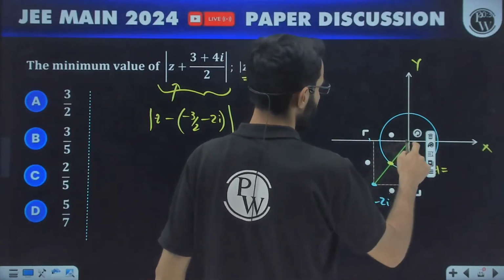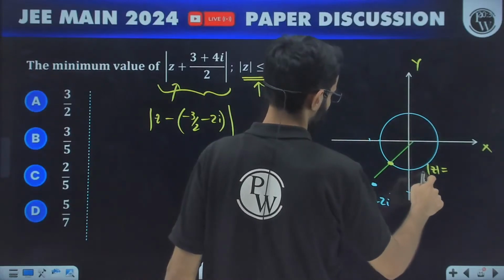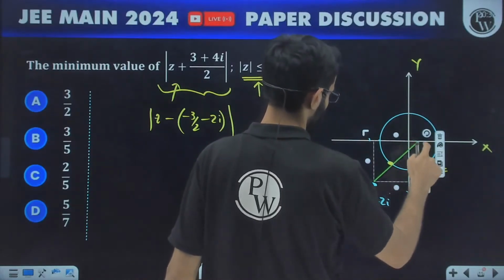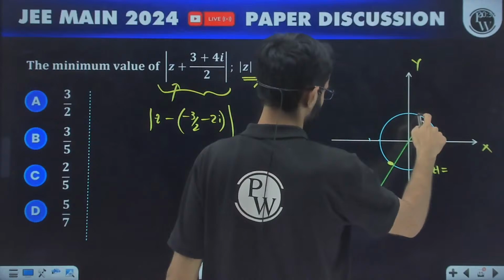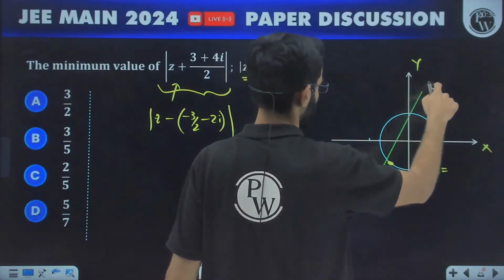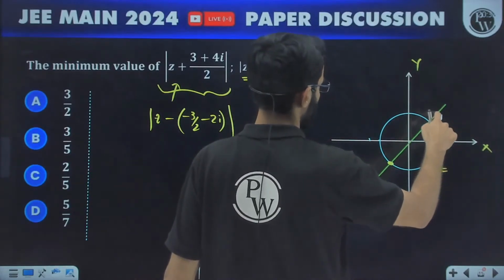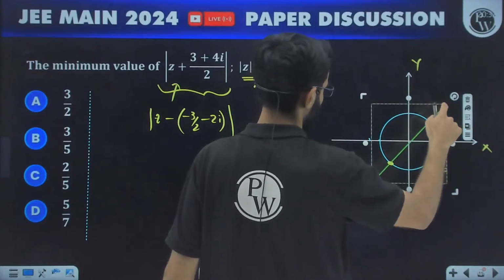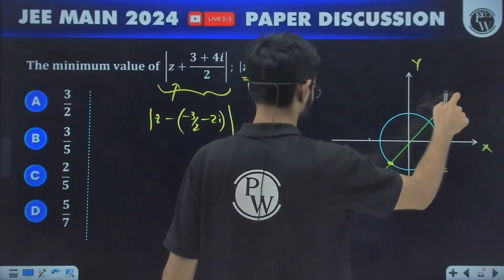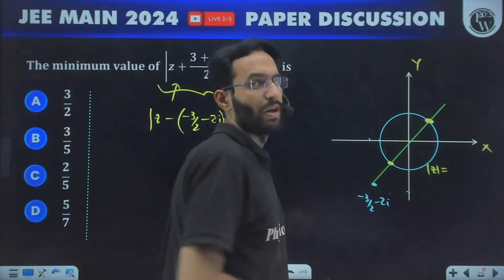And if you extend this line, this will give you its maximum value, and this will give its minimum.